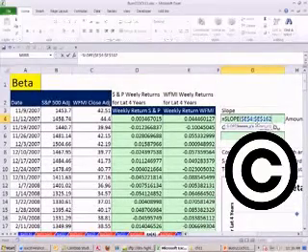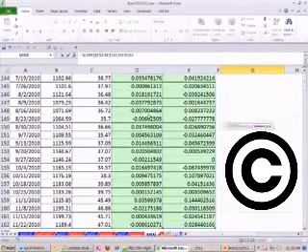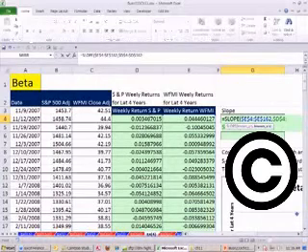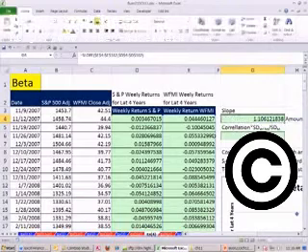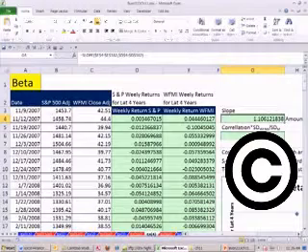We're not going to copy it anywhere, so we don't need to lock it, that's just to jump back up. Comma, known x's, Control-Shift down arrow, F4, and close parentheses. So there we have it. That's the amount of our systematic risk based on weekly data from the past 4 years.